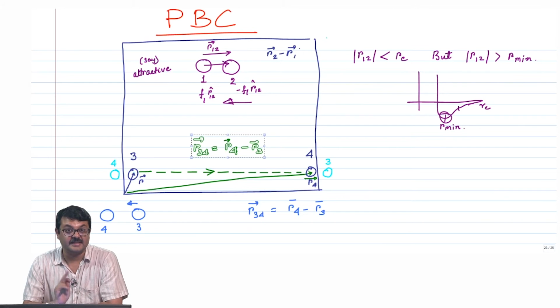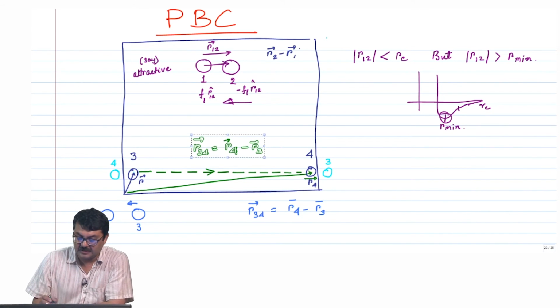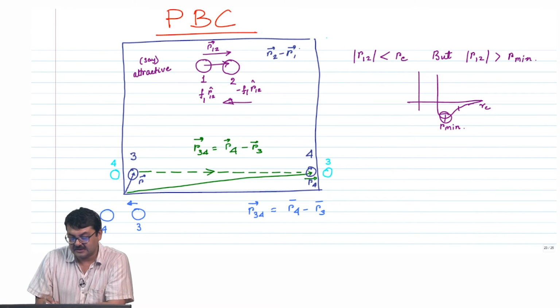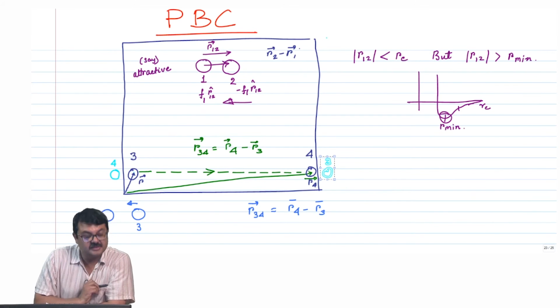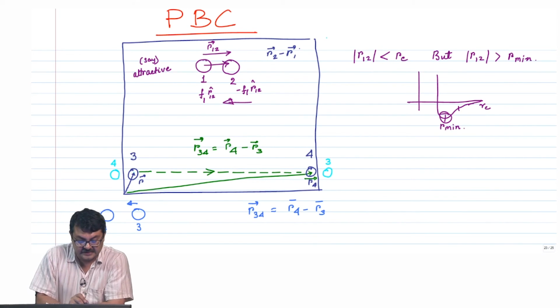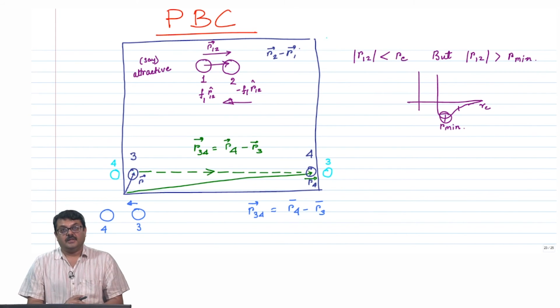You have to basically ensure or calculate the vector using the minimum image convention, because if this and this are attracted, 4 is not going to move in this direction, it is going to move in this direction towards particle number 3, which is sitting here, because this distance is essentially the smallest distance and not this dashed green line, right.